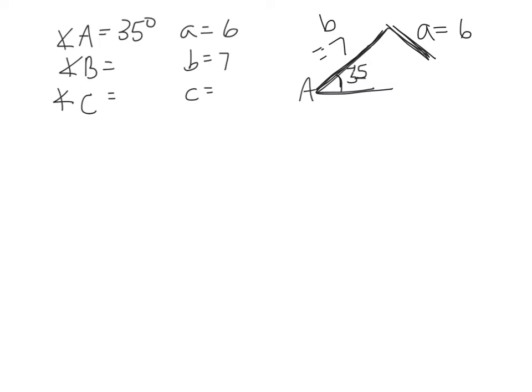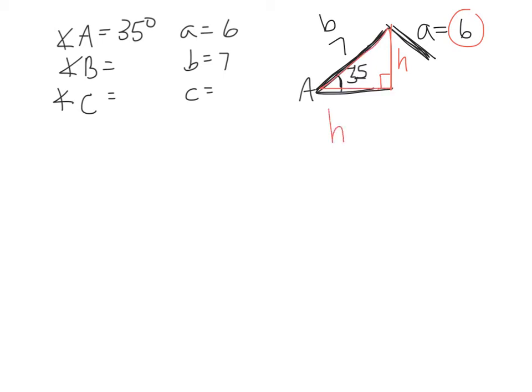If the side across from the angle is bigger, if A was bigger than B, so if this 6 was bigger than this 7, then we'd have one triangle. But it's not. The 6 is less than the 7. So what we have to do is look at this 6 and compare it to the height of the triangle. And I can get the height of this triangle because when I drop this height, makes it perpendicular, I've just made this right triangle.